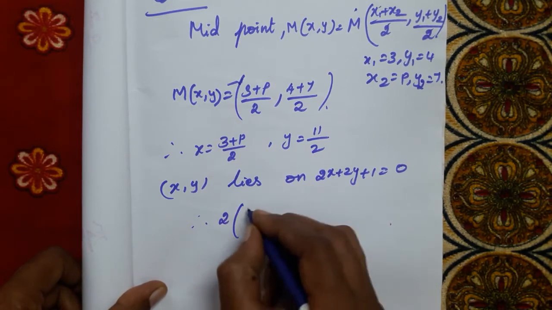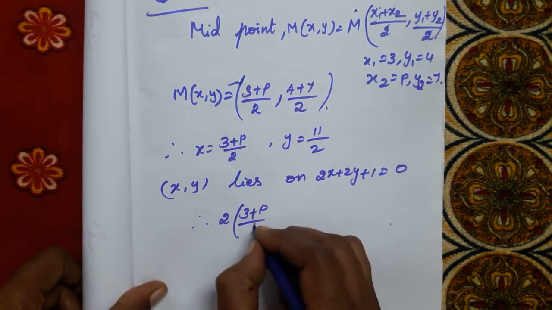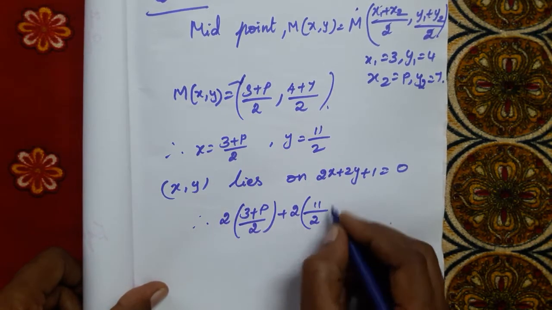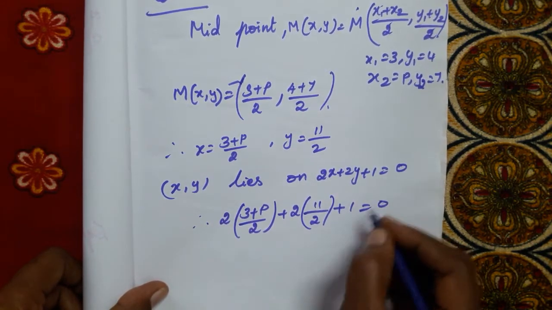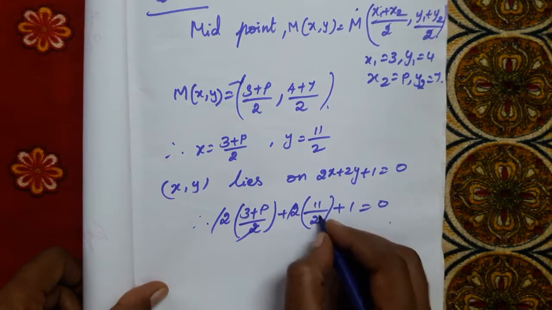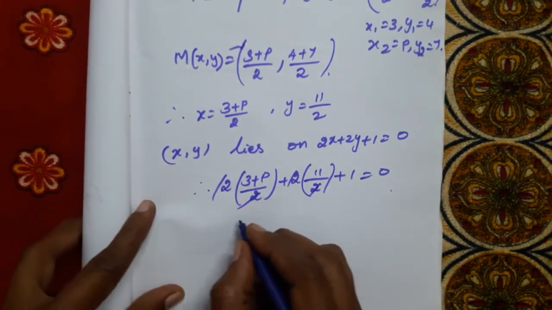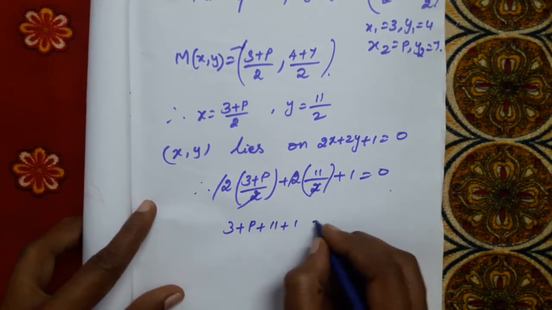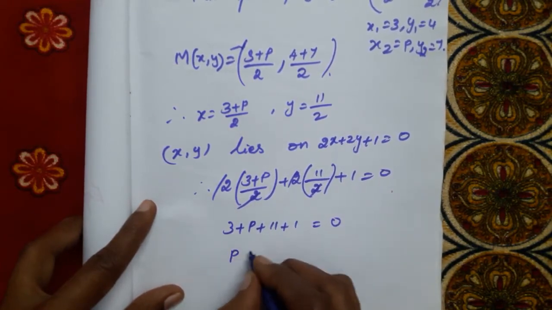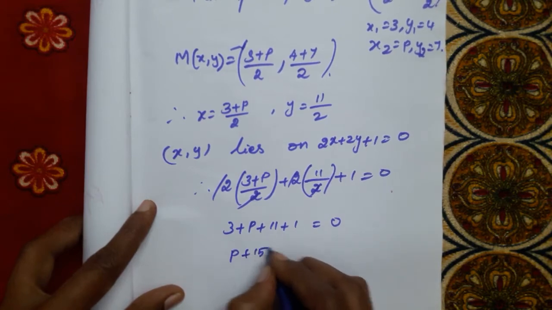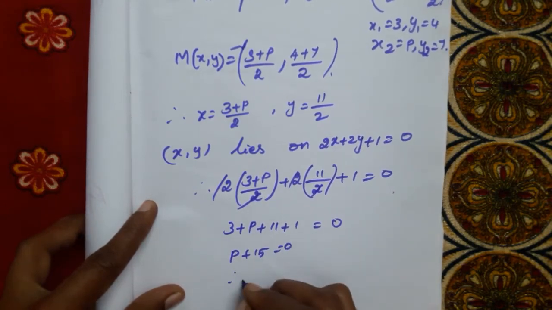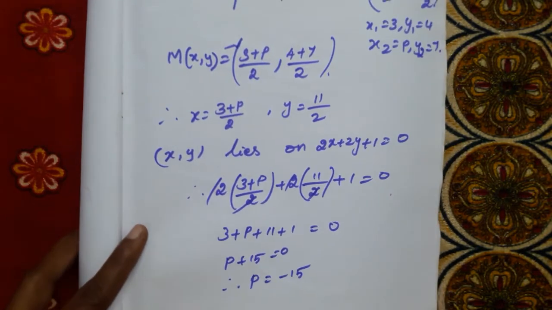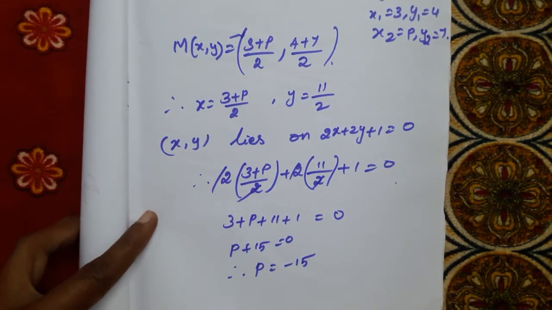Therefore, 2 into (3 plus p) by 2 plus 2 into 11 by 2 plus 1 is equal to 0. Here we can cancel, this also we can cancel. So 3 plus p plus 11 plus 1 is equal to 0. So p plus 15 is equal to 0. Therefore, the value of p is equal to minus 15.